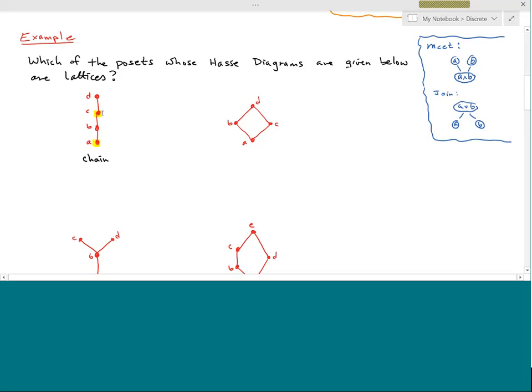So if we look at elements A and C, what do you guys think? Who would be the meet of elements A and C? Yep, the lowest one there would be the meet. Anybody got a guess who would be the join of elements A and C?